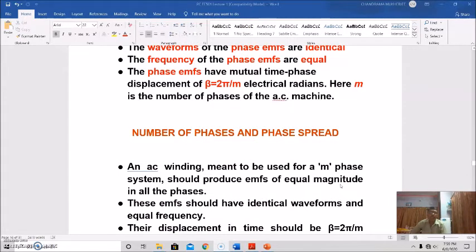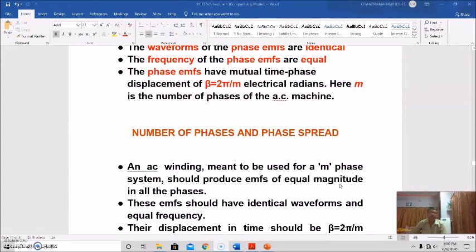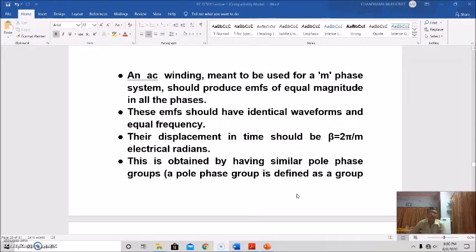Now with these essentials of polyphase windings, we will come to the point of number of phases and phase spread. Basically this is obtained by having similar pole phase groups.